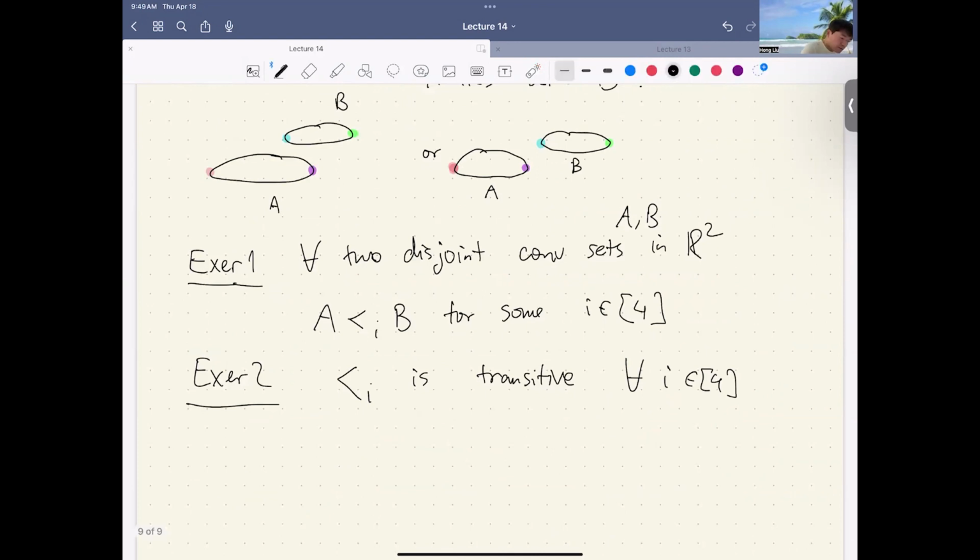So this first exercise implies anti-chains in all 4 posets are pairwise intersecting.